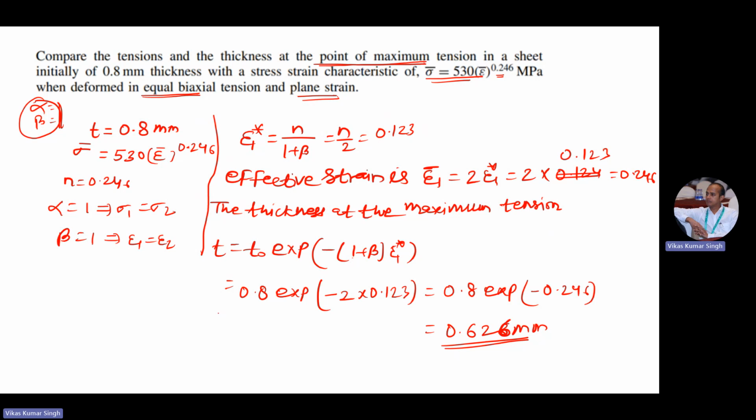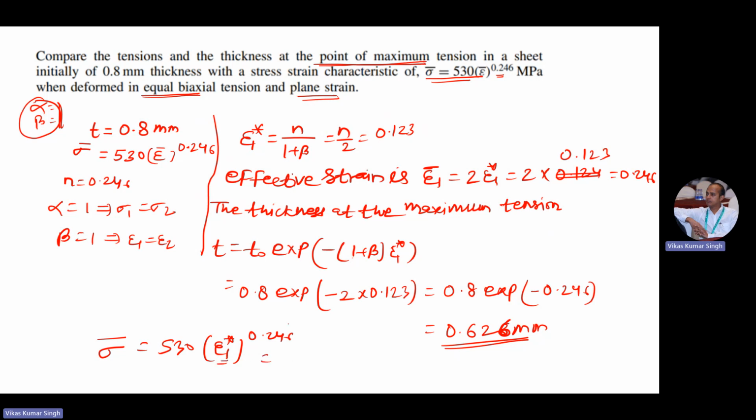Okay. So what would be the effective stress now, at the maximum tension point? If we find it from this formula, it is 530 into this value, to the power n, which is 0.246.